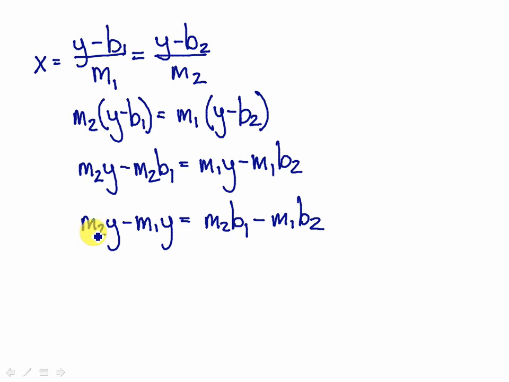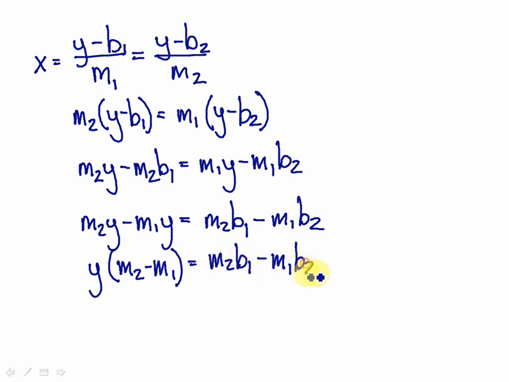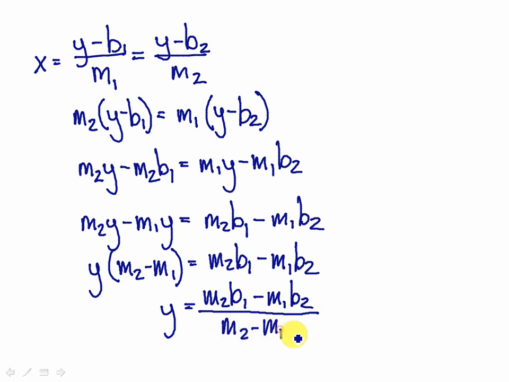I can pull the y out: y times (m2 minus m1) is equal to m2b1 minus m1b2. Divide both sides by m2 minus m1, and I get my y: y equals (m2b1 minus m1b2) all over (m2 minus m1).